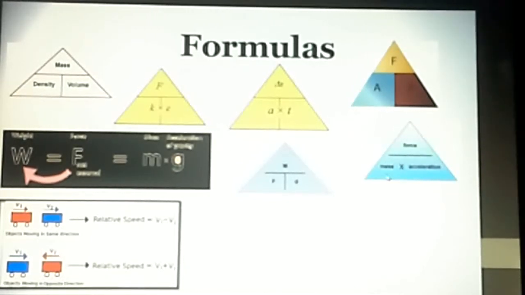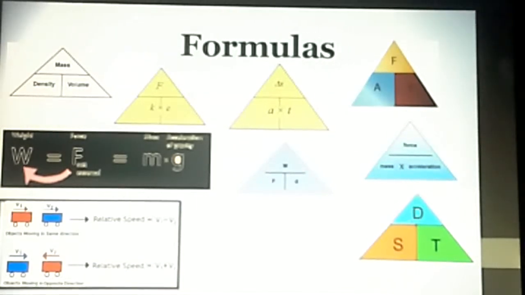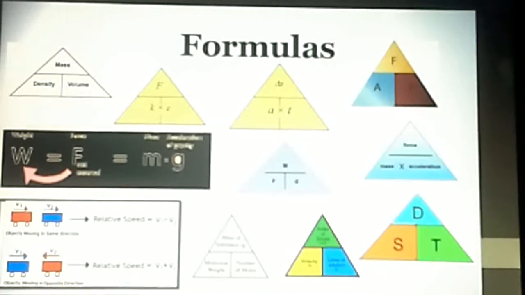Then mass would be equal to force divided by acceleration, or acceleration would be equal to force divided by mass. Then speed is equal to distance divided by time, and distance equals speed times time. And then the other two are the ones for molarity.